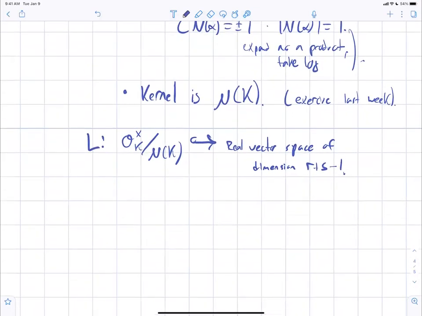Well, if we can show that this is a lattice, and by the way, what I'm about to call a lattice is probably inconsistent with what I was calling a lattice before.